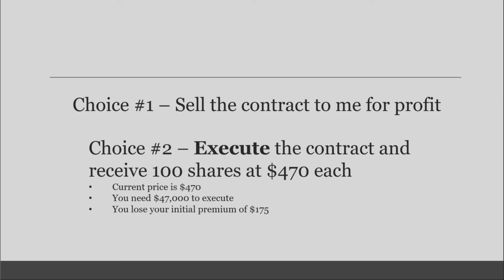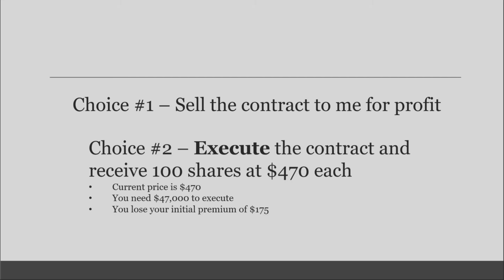But keep in mind, the date is February 6th, and the current share price is already $470. You still have plenty of time before your contracts expire. And you would need $47,000 to execute this contract, because you would need to buy 100 shares at $470 each.